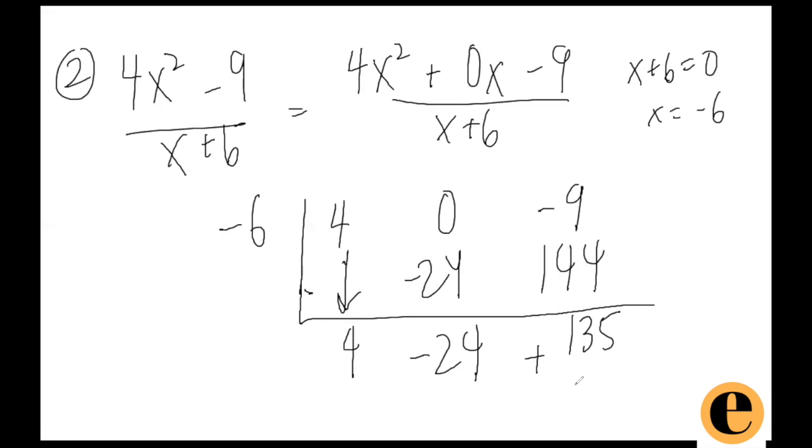Okay, again, ito yung remainder natin. So, that's over x plus 6. Ito yung ating constant, or x raised to 0. At ito naman yung x. Okay? 4x minus 24 plus 135 over x plus 6. So, kahit anong method yung gamitin nyo, dapat ito yung sagot nyo.